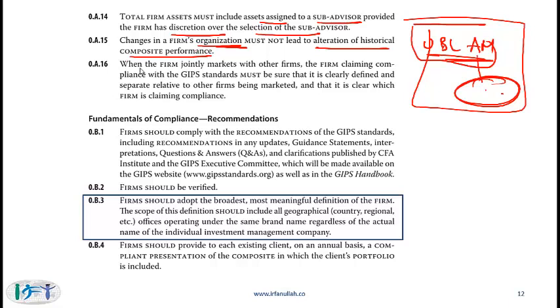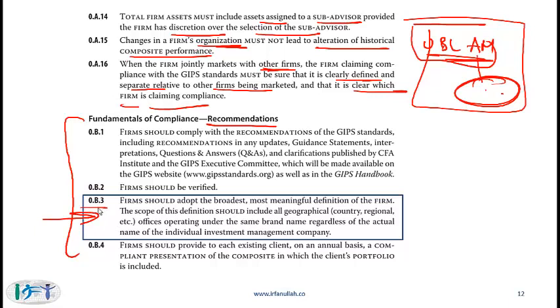And finally, when the firm jointly markets with other firms, the firm claiming compliance with the GIPS standards must be sure that it is clearly defined and separate relative to other firms being marketed, and that it is clear which firm is claiming compliance. In terms of recommendations, we only have 4, and you can read these recommendations.